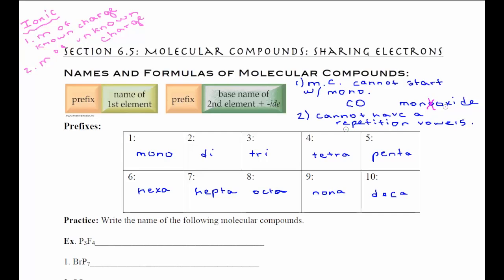All right, I'm going to do the example problems for you, and then I'm going to ask you to complete the next practice problems, number 1 and number 2, for this practice and the practice below it. I'm going to start off. I've got 3 phosphoruses, so that would be triphosphorus.